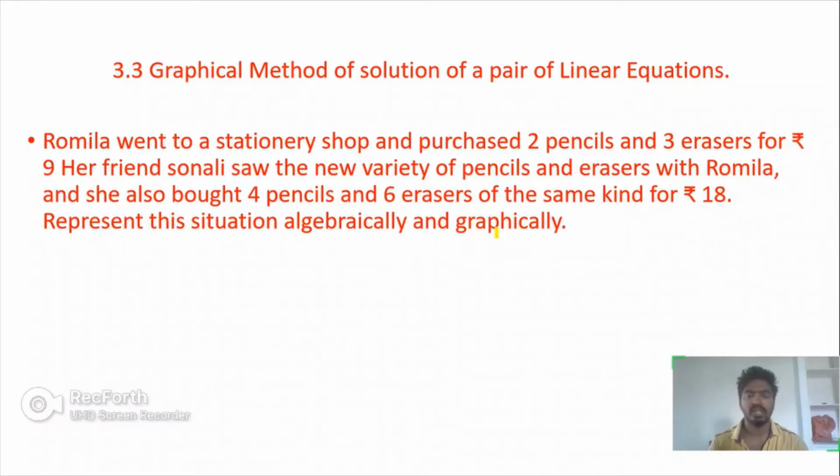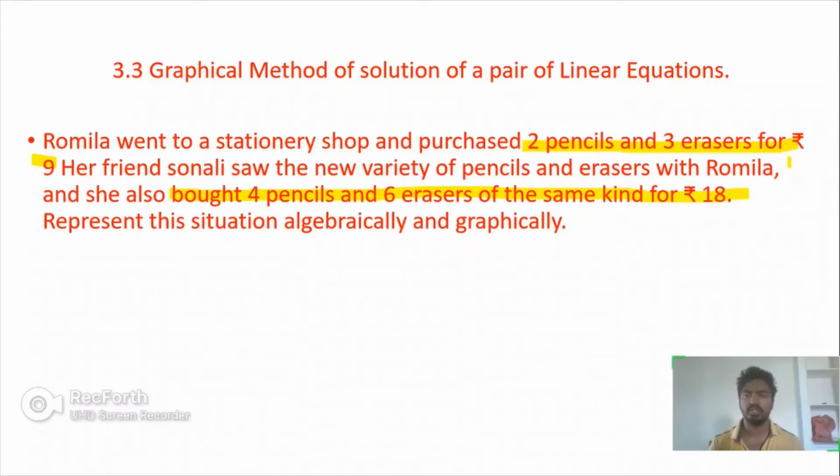So the first step we have to do is see what information is provided in the given question. Here we can clearly see that there are 2 conditions. The first condition is Romila purchased 2 pencils and 3 erasers for ₹9, and the second condition is her friend also bought 4 pencils and 6 erasers of the same kind for ₹18.